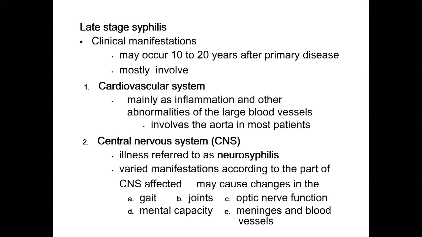The person might have some mental abnormality, and it can affect the meninges and blood vessels and give rise to more complications. So clinically, you'll get to know what the terminologies are for the gait that it develops, the abnormal joints, and the optic nerve function. But for now, it's just good to know that syphilis can affect the gait later in life.